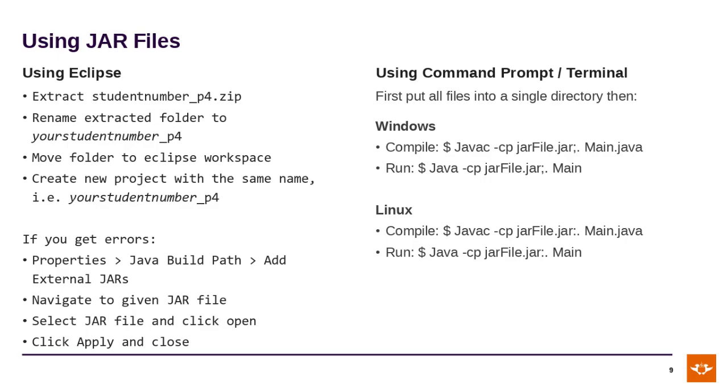And if your jar file is in the top level directory, as it's given to you in the zip file, then Eclipse will actually add that to your class path automatically. If you get an error, then you're supposed to right-click on the new project that you created, click on Java Build Path, Add External JARs, then navigate to the jar file, select it, apply and close. All right, that should all be familiar to you.